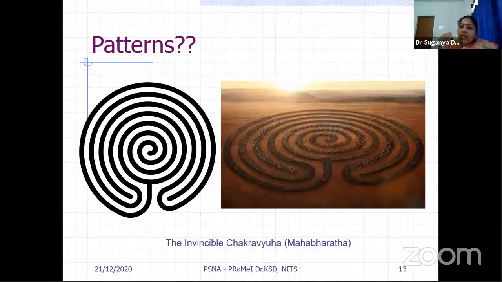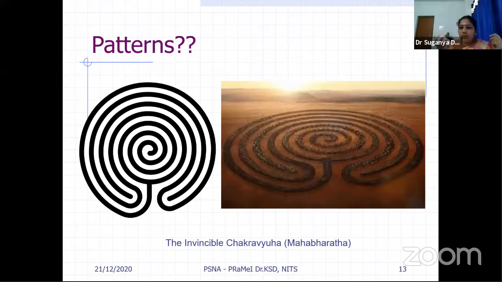And where to place the different units, say for example archers, those who are well versed in bow and arrows, where to place infantry, and where to place those who are well versed in sword. So these will be predefined, and it is like a spinning wheel. The soldiers will move in the opposite direction, and it seems like a discus.